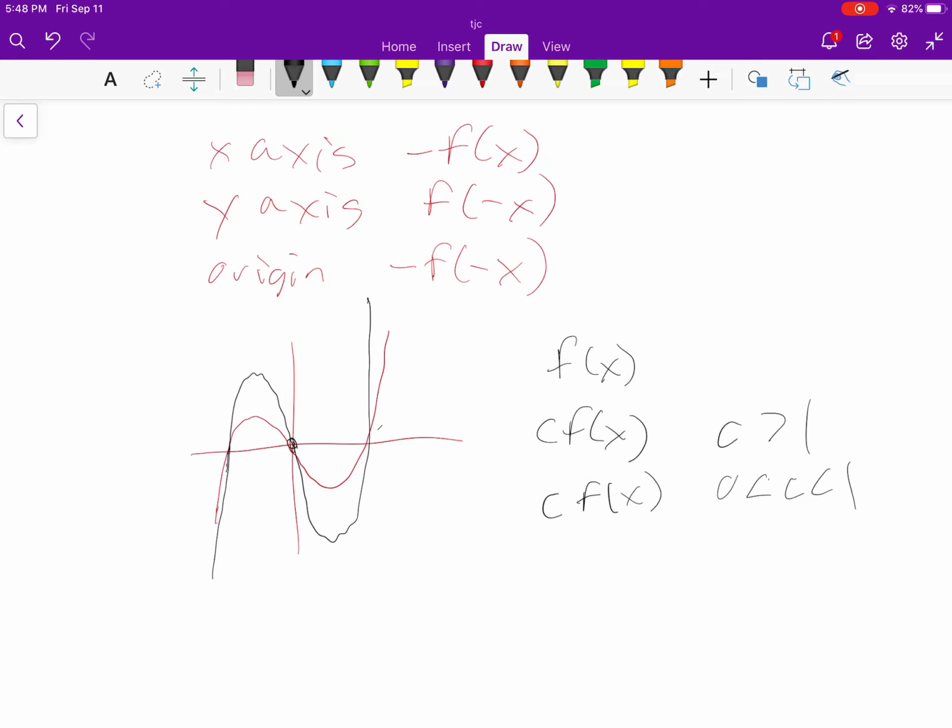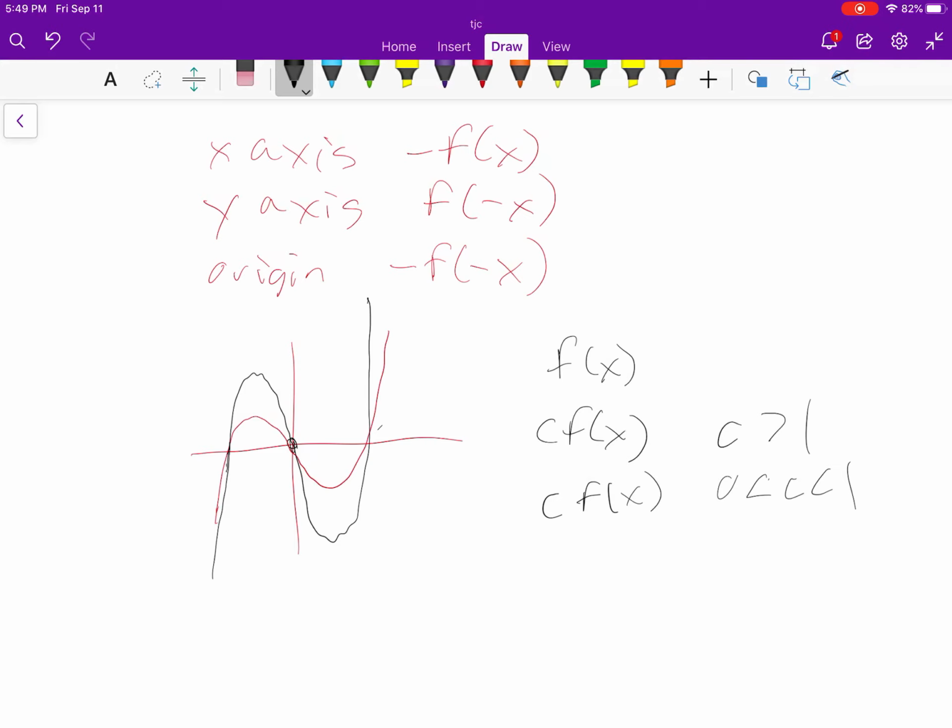Okay, so it'll shrink it vertically if you multiply by a number that's less than 1 but greater than 0, and it'll be a stretching, making it longer vertically, if you multiply by a c greater than 1. So this is called vertical stretching.